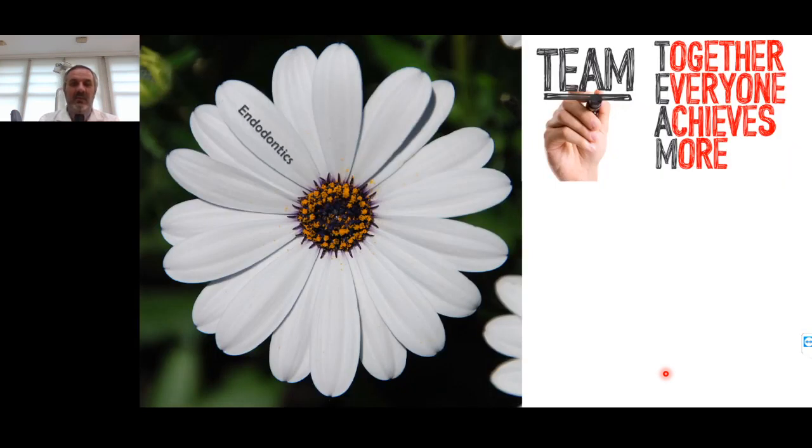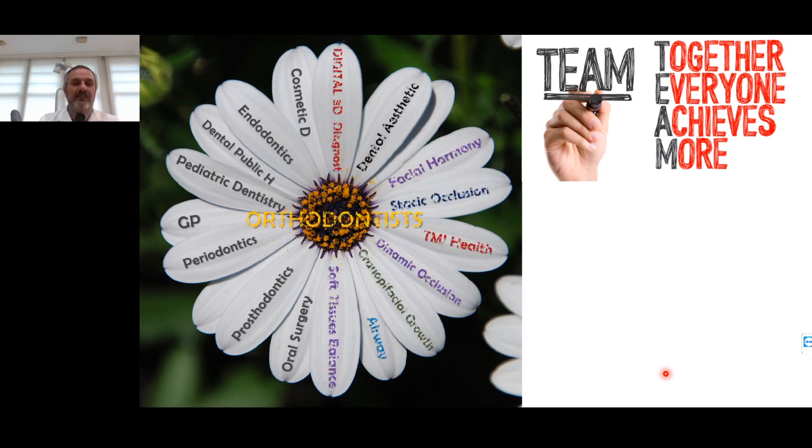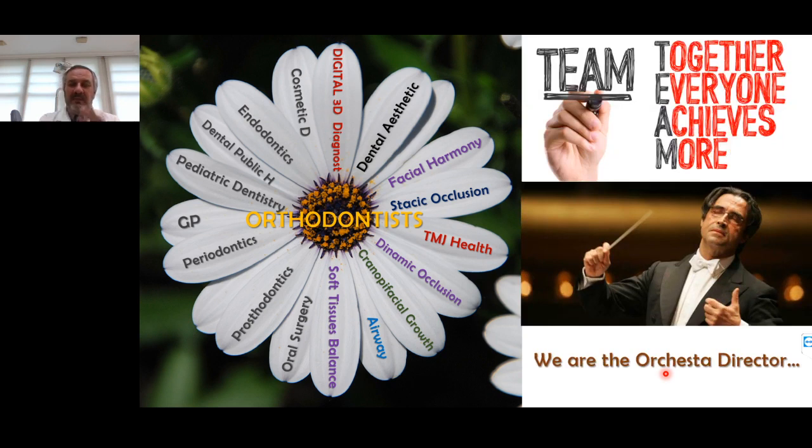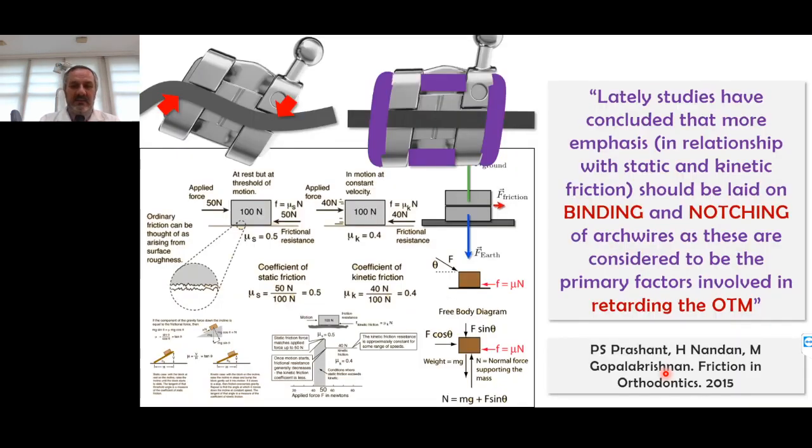I need to work together with pediatric dentistry, the prosthodontists, oral surgery, cosmetic dentistry, dental public health service, and the objective is the same: dental aesthetics, digital diagnosis and 3D, soft tissues balance, eyewear, craniofacial growth. And very, very important, we are the orchestra director.